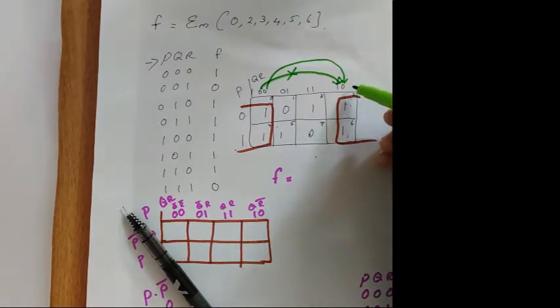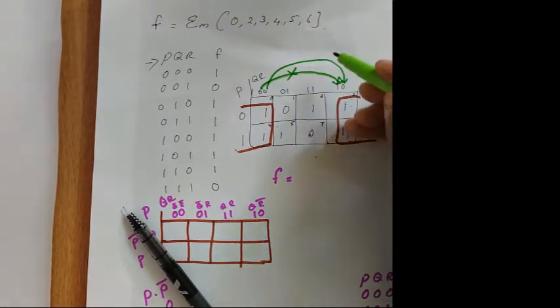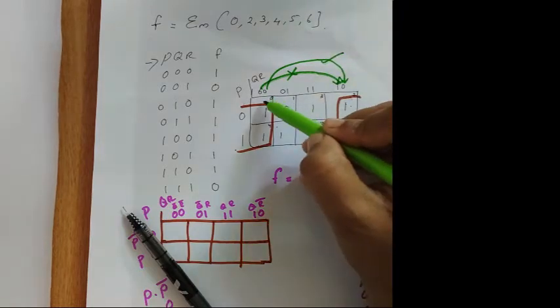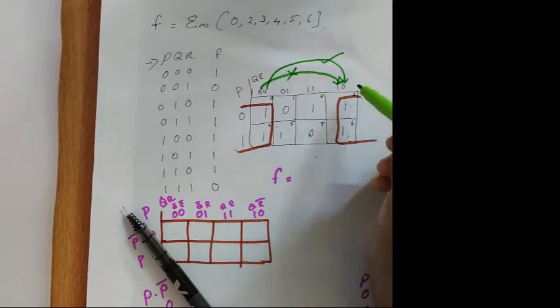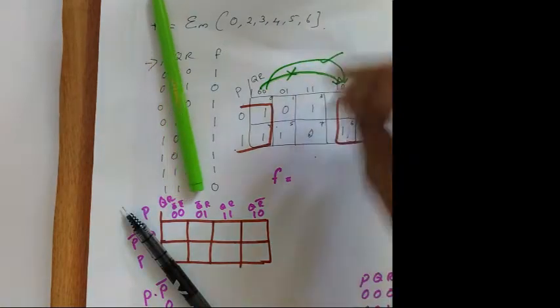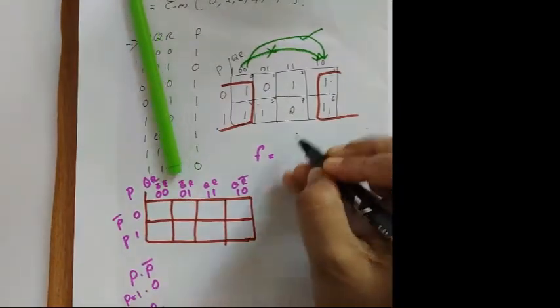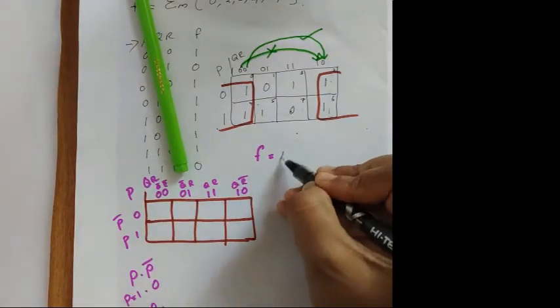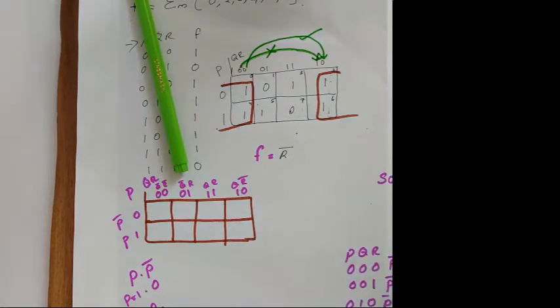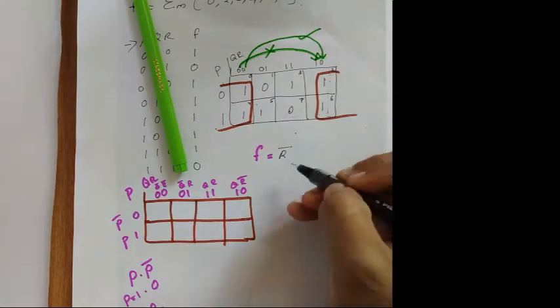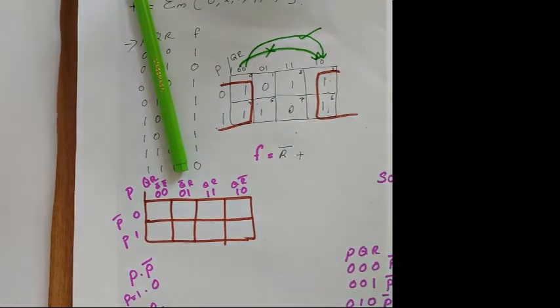So you can take that. Understood? There is no change in R. 0, here also 0. So the expression will be R is 0, so you take it as R bar. If one grouping is over, you have to give a plus sign over there.